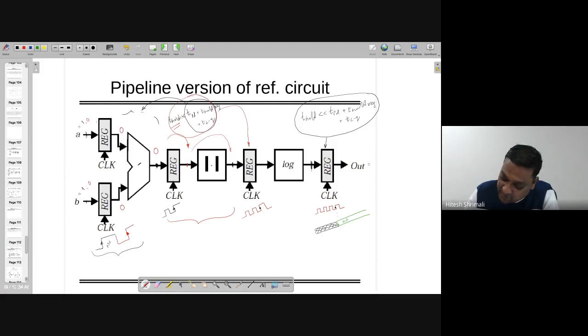So output is coming only after this one. Let's call this one valid out. And after that, every clock: if you look at the fifth clock, I would start with the first. After the fourth clock, whatever the first number was here, that got the whole operation, like log of mod A minus B. So that is available with the first two data after the fourth clock.